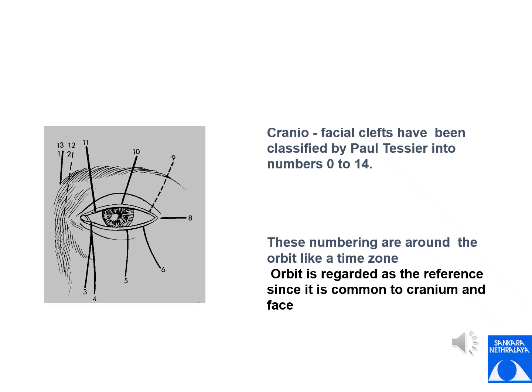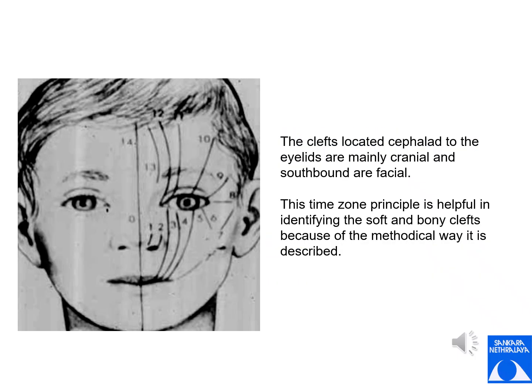The orbit is regarded as the reference since it is common to cranium and face. The clefts located cephalad to the eyelids are mainly cranial and southbound are facial. This time zone principle is helpful in identifying the soft and bony clefts because of the methodical way it is described.